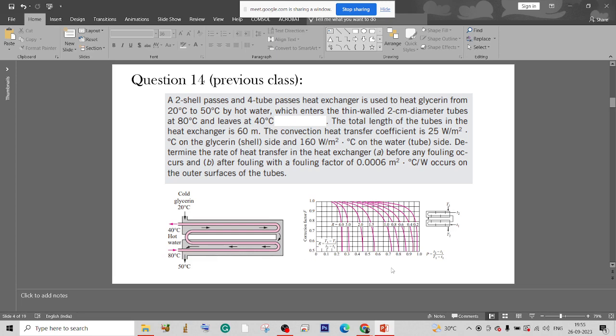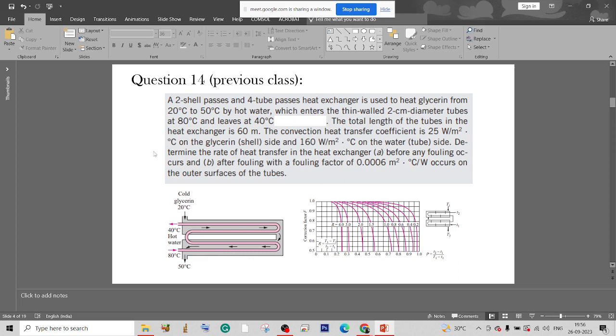The convection heat transfer coefficient is 25 watt per meter square degree Celsius on the glycerin shell side, and on the water, that is tube side, it is given as 160 watt per meter square degree Celsius. Right, these are the heat transfer coefficients, not the overall heat transfer coefficient. So from these we can easily calculate the overall heat transfer coefficient by including the correction factor.